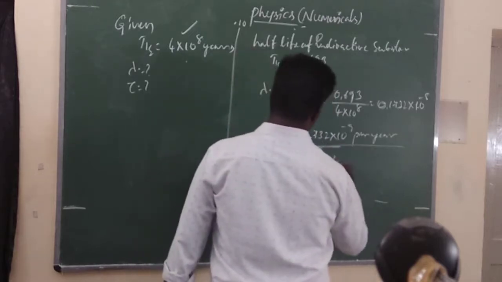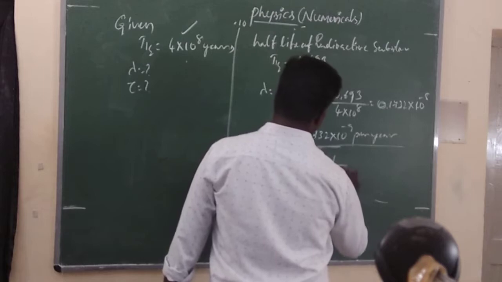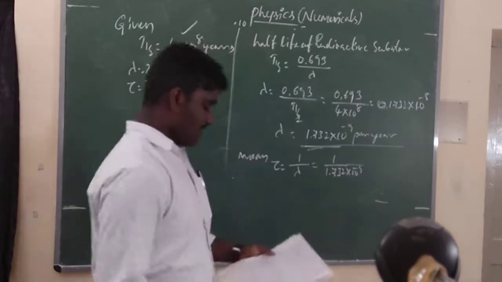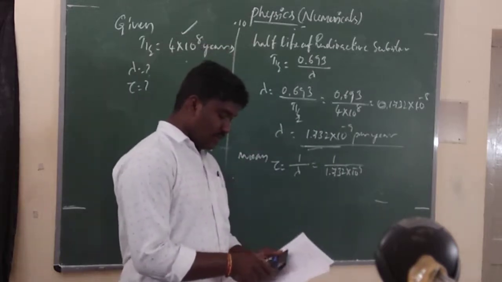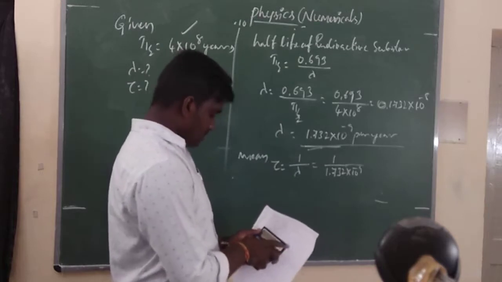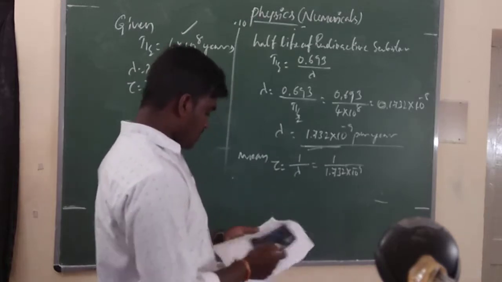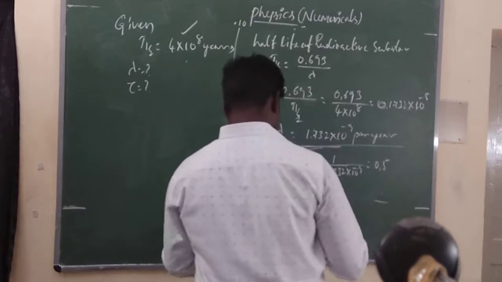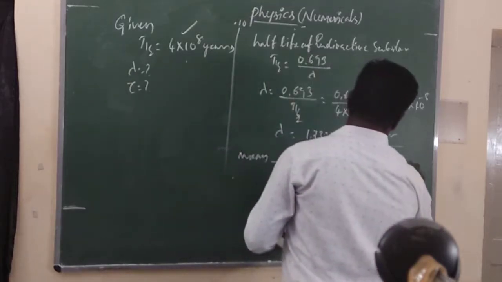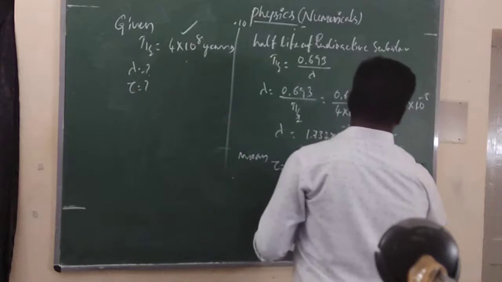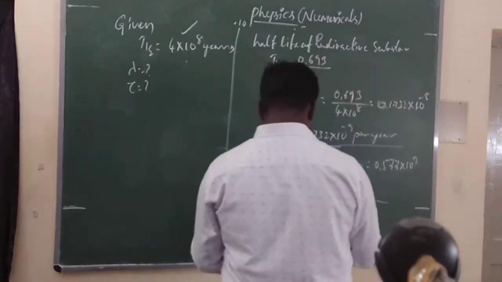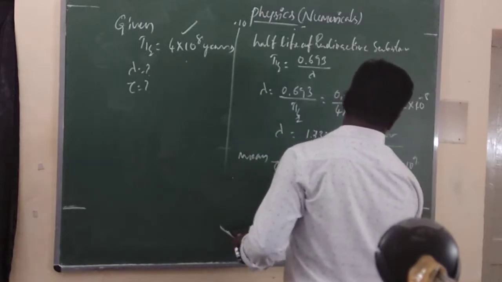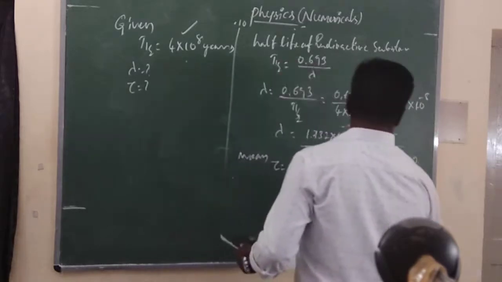Substitute that: 1 divided by 1.732 into 10 to the power of minus 9, that is 1 over 1.732, which equals 0.577 into 10 to the power of 9, or we write it like this, 5.77 into 10 to the power of 8 years.